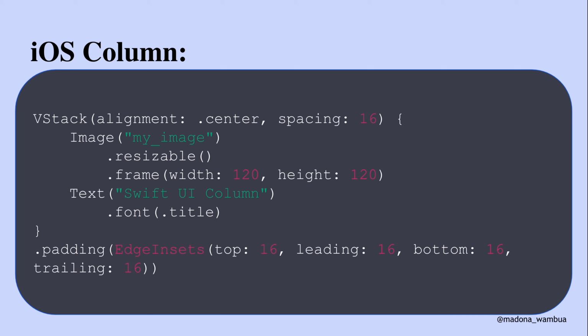Now, in SwiftUI, they use the VStack component, which is used to arrange child components vertically. Now, the image component is used to display an image, and the text component is used to display the text. Additional modifiers are used to set the layout and the styling properties of the column and its child components.